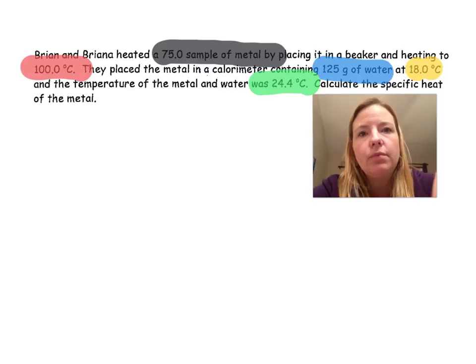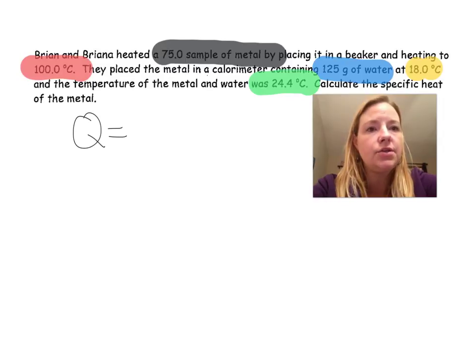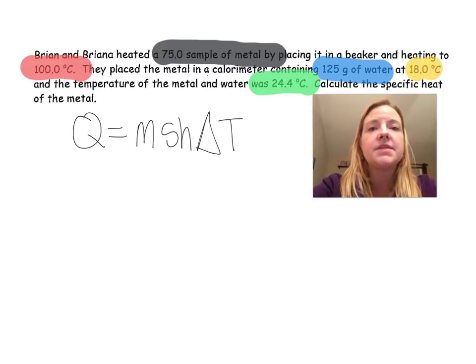So, when we lay all of this out, we're going to be using the equation Q equals, which is heat in joules, mass of the material times the specific heat of the material times the change in temperature of the material. And since we're using a metal and water, we know that however much energy goes out of the metal is the same amount of energy that is going to be absorbed by the water.